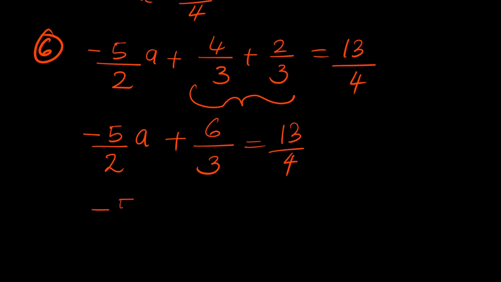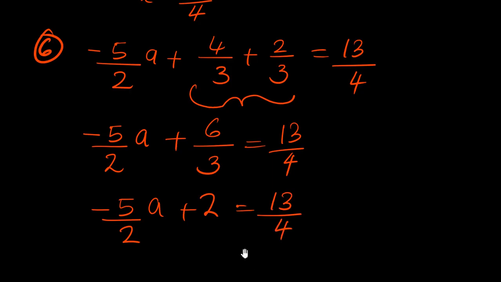So in the next step we can write negative 5 over 2a plus 2 is equal to 13 over 4.